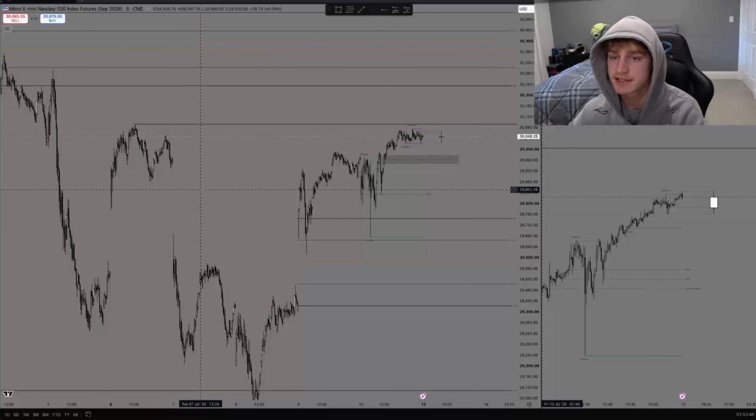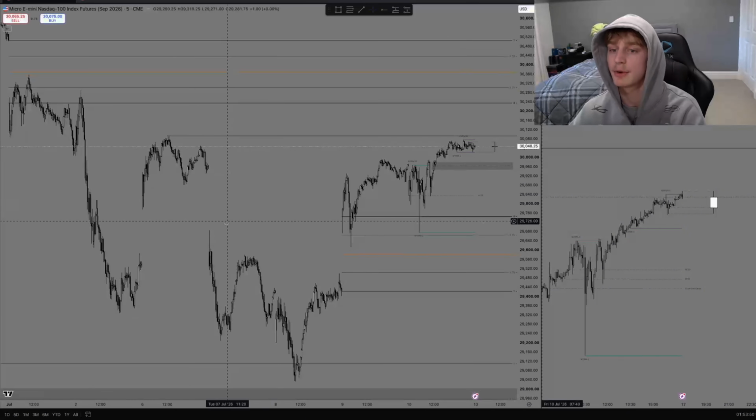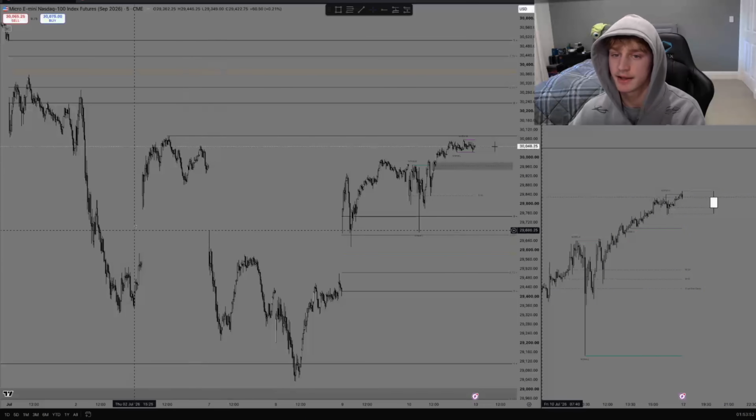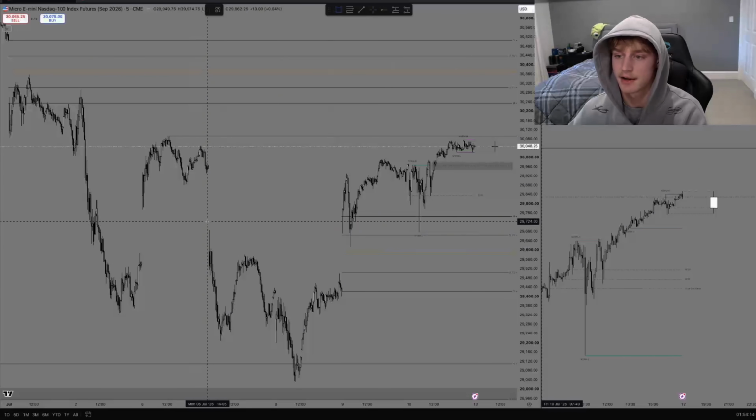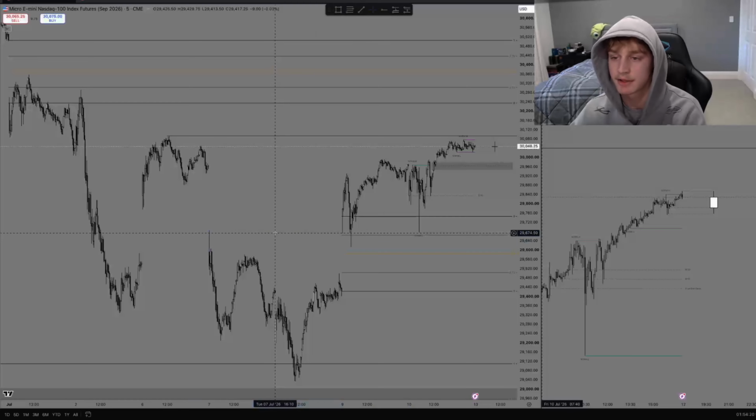You have to think of these gaps as imbalances or fair value gaps in a sense. So because we also have this one right here overlapping with this one, we're likely to get a decent bit of reaccumulation through these areas. We're going to fill these inefficiencies. Like this area right through here where we've had no real body closure over any of this area, this will likely be revisited.